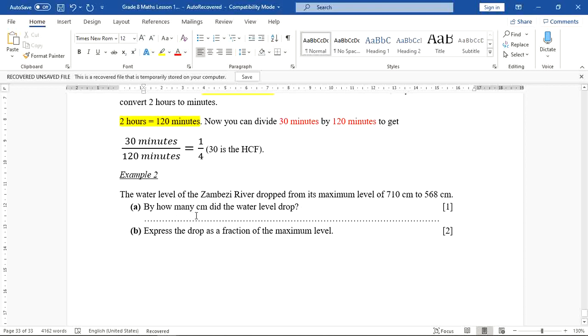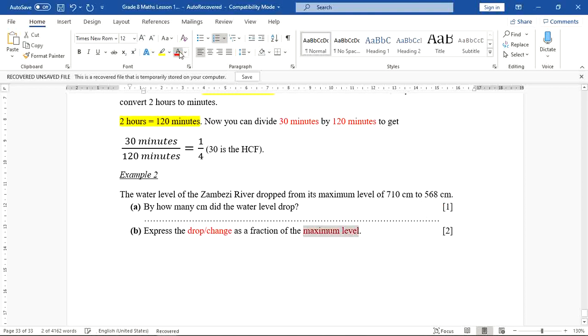Part B says, express the drop or the change as a fraction of the maximum level.